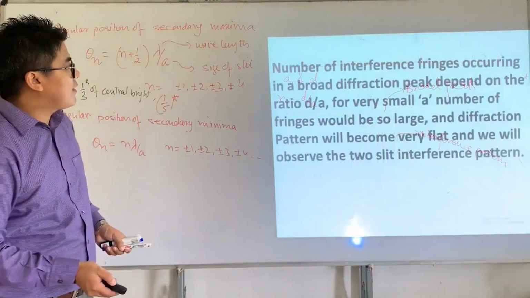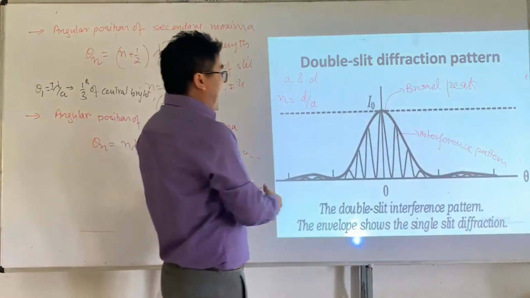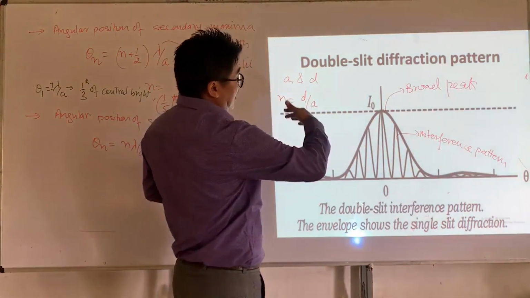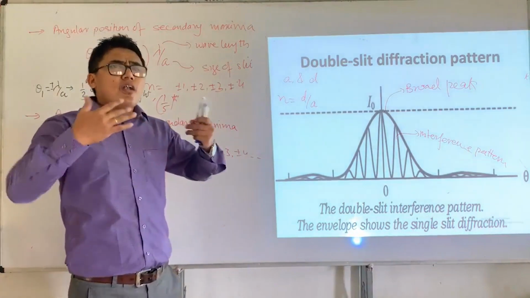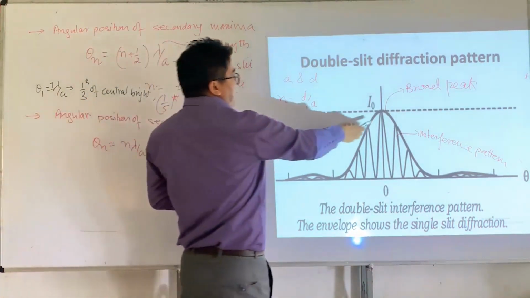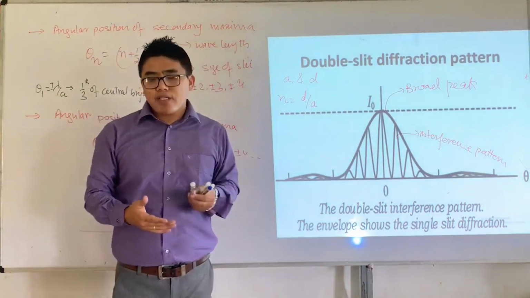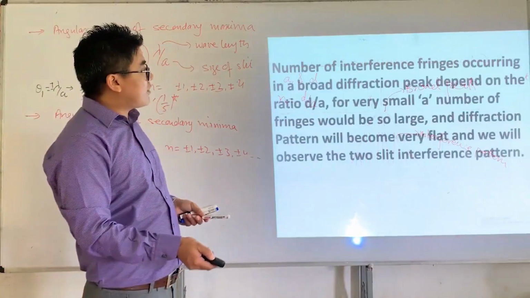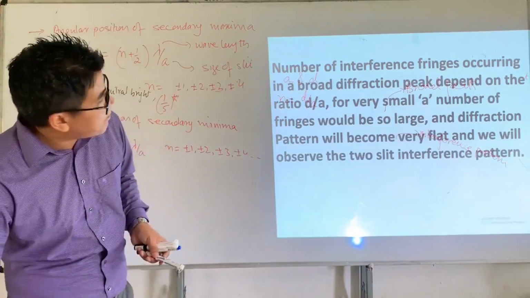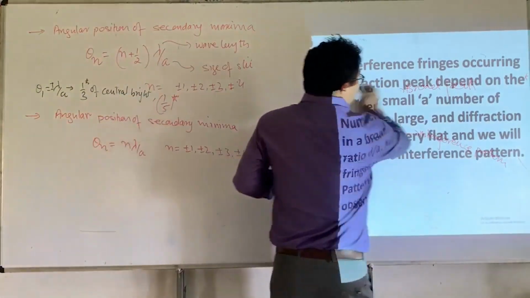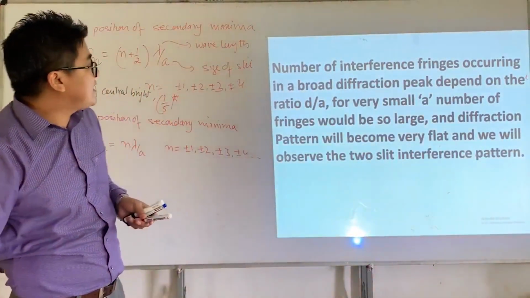So if A is extremely small, then the number of interference fringes in a broad peak is going to be a large number. So therefore this peak appears flat, and this is where we found in case of interference fringe. So the number of interference fringes occurring in a broad diffraction peak depends on the ratio D by A.